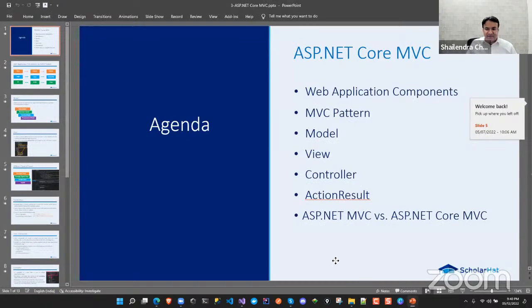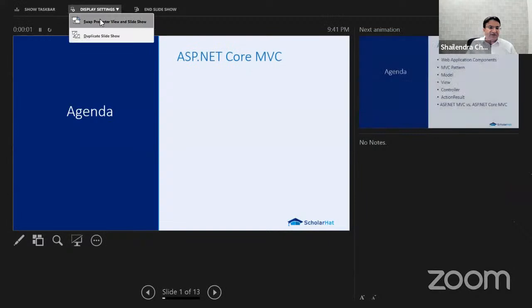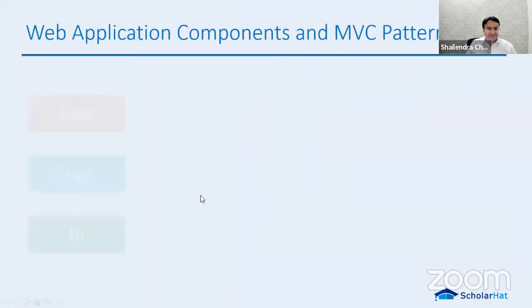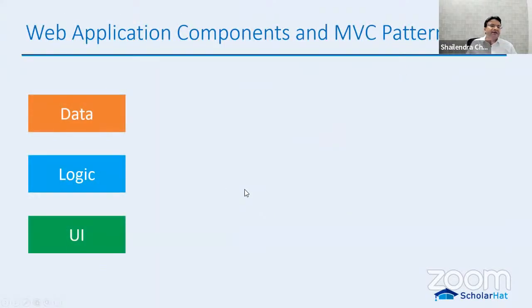Okay, now let me explain a few more things which are important. As I said, we are using the MVC pattern. So what do you mean by the MVC pattern? Let me explain. Whenever you are building any web application, what are the main components we have?